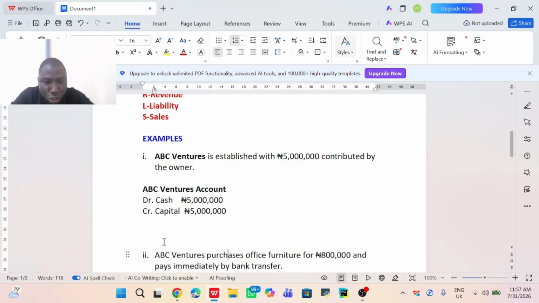And I told you that if you receive, you will debit. If you give out, you will credit. You receive the cash of 5 million naira and use it to start a business, and you give it out again, maybe to buy goods, which is the capital of 5 million naira. So that's that for this example.